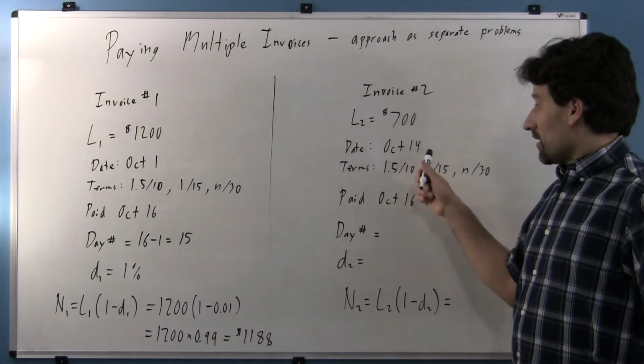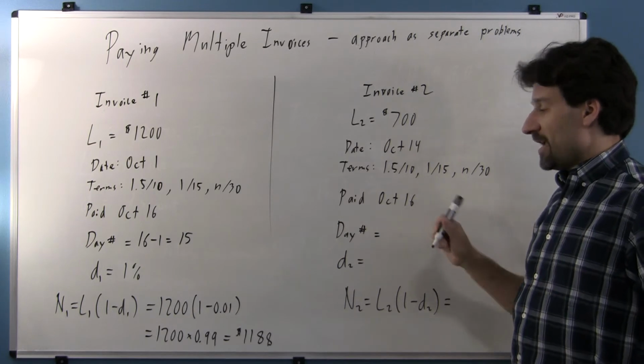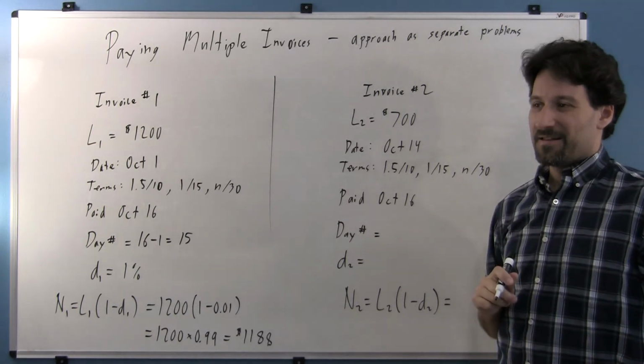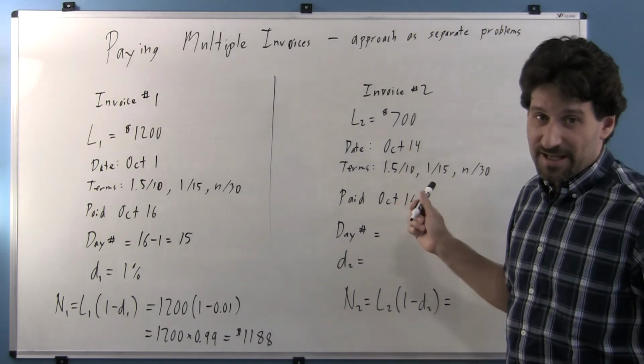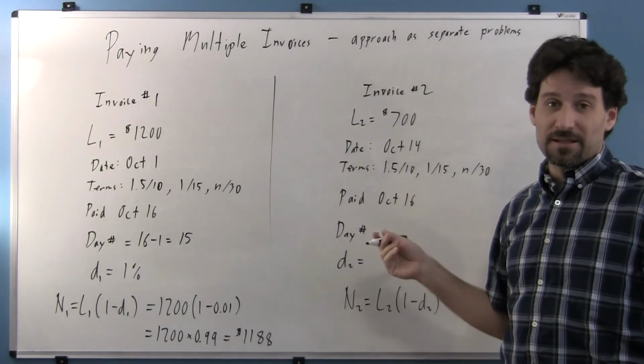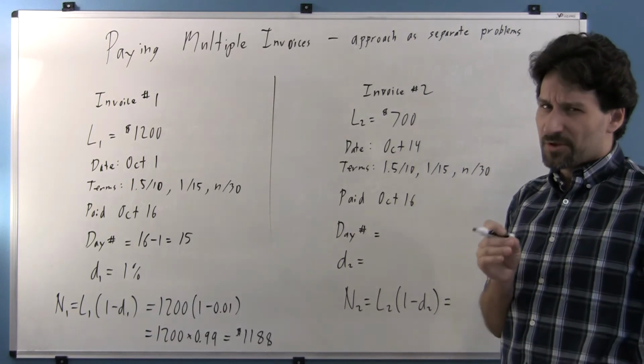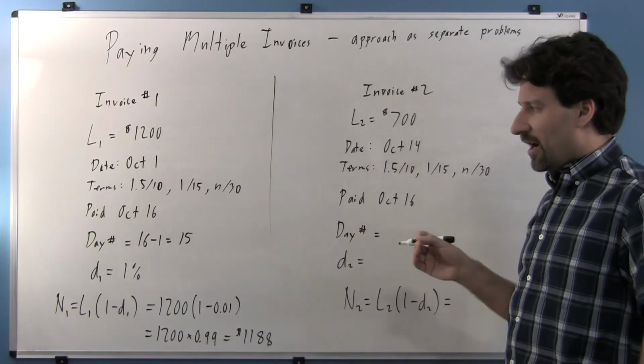Let's do the next question. $700 invoice, dated October 14th, paid October 16th. Obviously it's within the first 10 days. I don't necessarily need you to tell me that, but it's helpful to tell me the day number so you know what you're doing on the test.